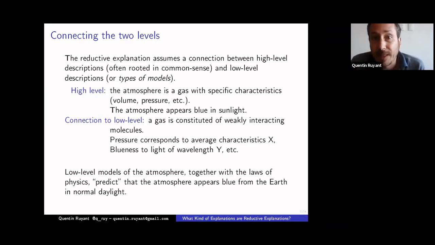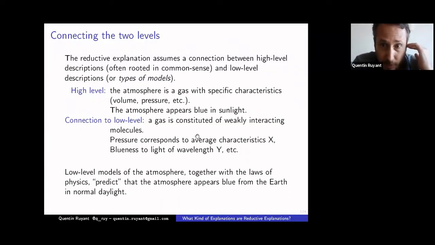We can say that the atmosphere is a gas with specific high-level characteristics, such as volume, pressure, and that it appears blue in normal daylight. Then we need to connect this to physical models. So we need constitution postulates, such as the idea that a gas is constituted of weakly interacting molecules, that pressure corresponds to this characteristic, and so on. And that blueness corresponds to light of such wavelengths, or a range of wavelengths, and so on.